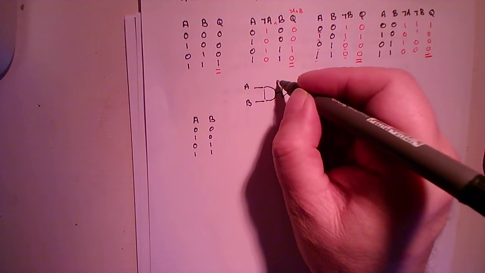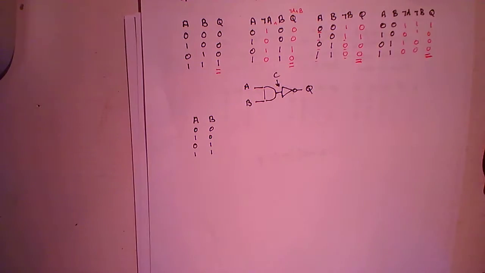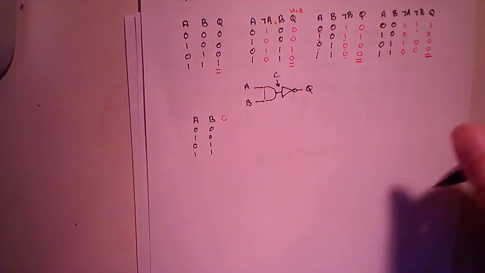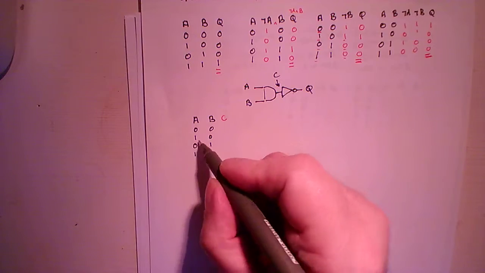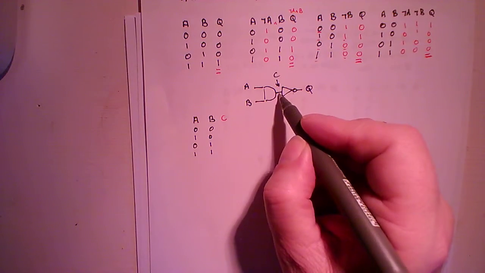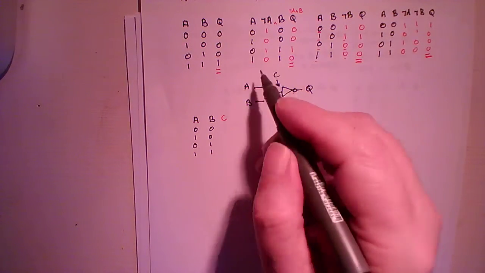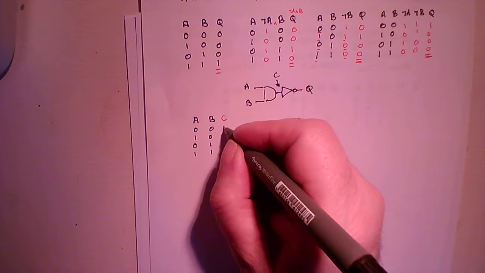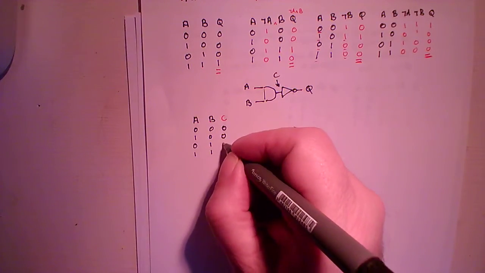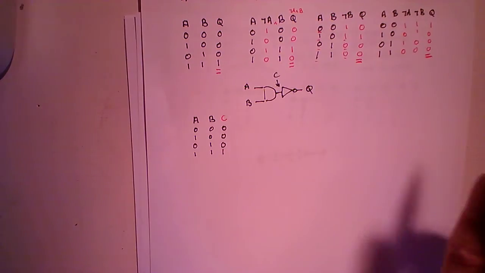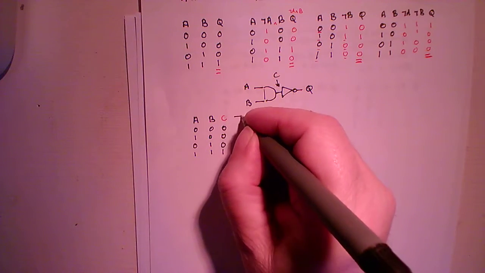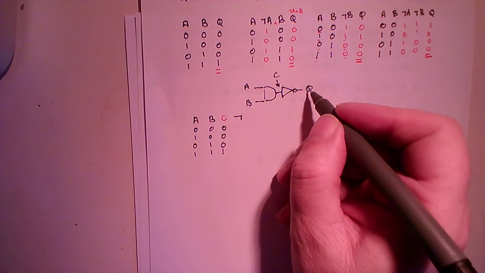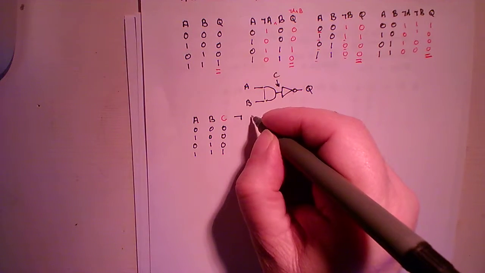And at this point, let me call this point C. Okay, so C is going to be exactly the same as Q here, because they're both going through the AND gate, and at this point I'm going to get the old Q. So that would be 0, 0, 0, 1. Now I'm going to NOT the output, because it's now going through this gate to get my new version of Q.